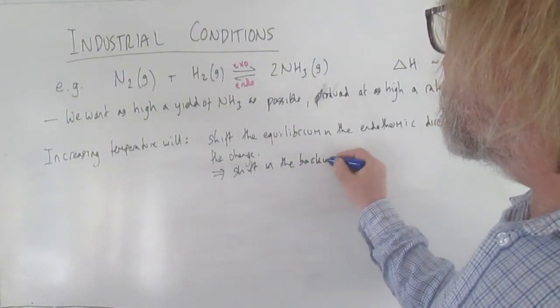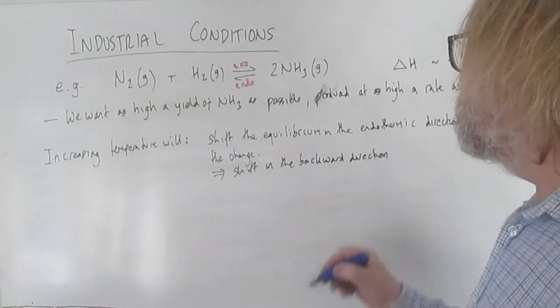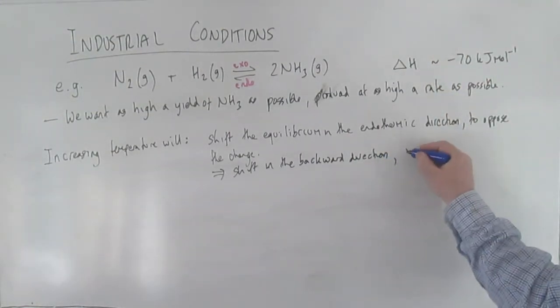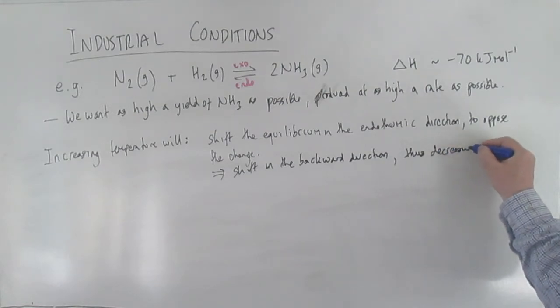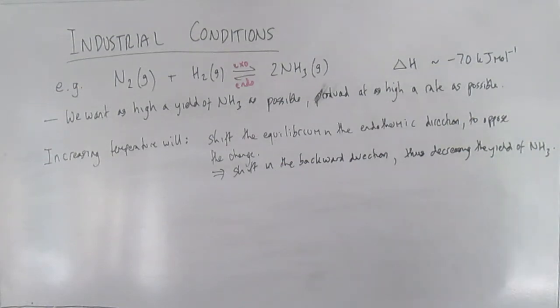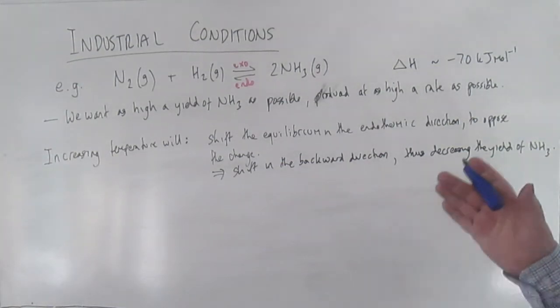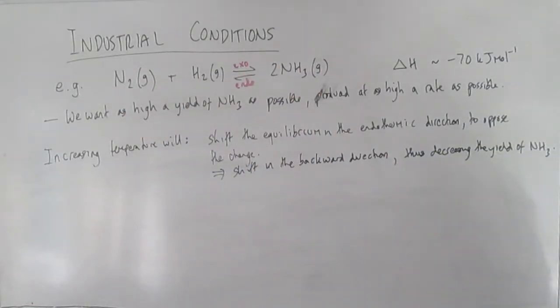Shift in the backward direction, thus decreasing the yield of ammonia. Okay, so high temperature is bad news in terms of equilibrium, because the higher the temperature, the more the equilibrium lies over this way, so the less ammonia you'll get.